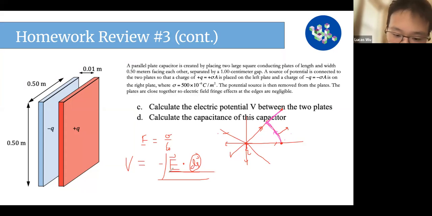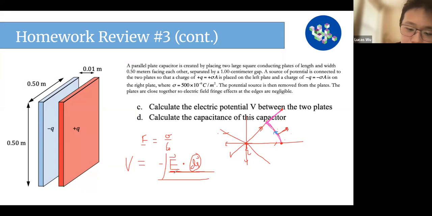So when I do the E dot onto the ds, this is my ds. Let me switch to a better color, blue. This is my ds, but my electric field is pointing perpendicular to my ds vector.